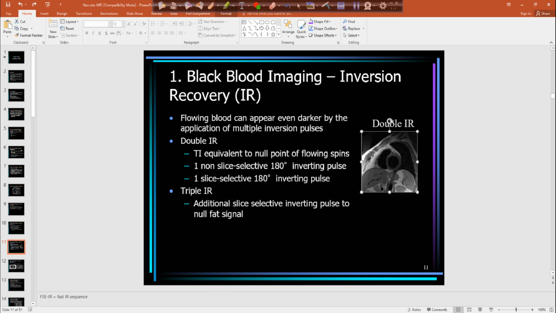And then sometimes they actually do a triple IR for these cardiac cases, and they have these two, and then they apply one other slice-selective inverting pulse to fat. So our fat is also inverted. So all this subcutaneous fat would be dark too. So that just shows you that we're going to be able to really see if there's any type of pathology, myocardial infarct, or any other cancer or cyst within the wall, we're going to be able to see it that much better because it's going to appear bright.